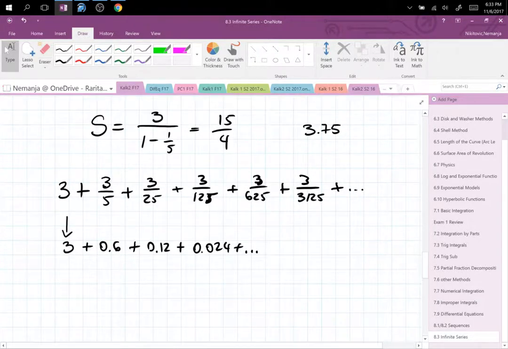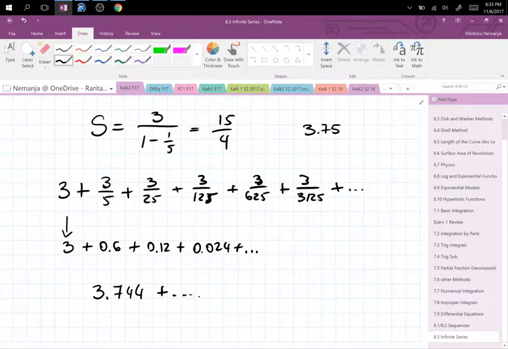So now 3.744 plus dot dot dot. You see that just by adding the first 4 terms we got very close to 3.75.